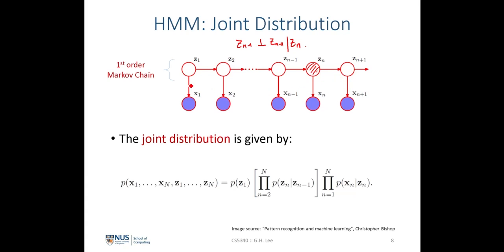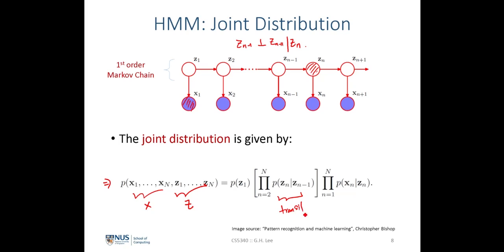And for every latent random variable, there will be an associated observed random variable, which we denote as xn in general. So the joint probability distribution of the first order hidden Markov model is given by this expression, where we write the joint probability distribution of all our observed random variables as well as all our latent random variables to be equal to a prior distribution of the first latent random variable multiplied by the product of the transition probabilities.